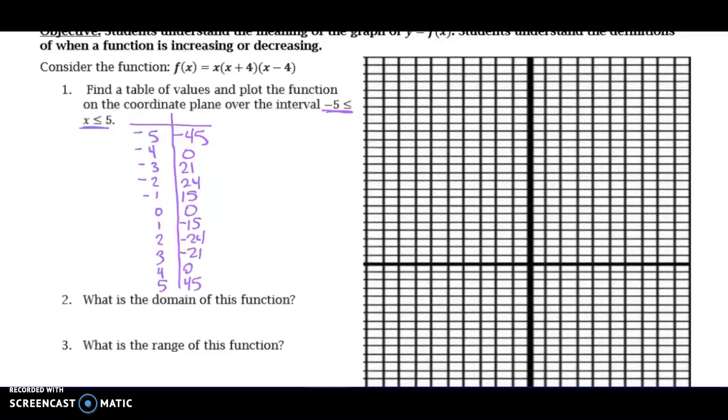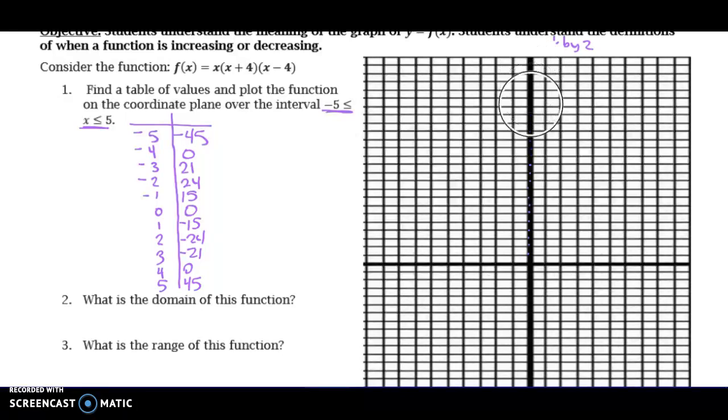Now we have to decide how we're going to count in order to graph this. I've got to make it to -45 and 45 on my y-axis, counting my spaces. There's 25 spaces, so I could count by 2 so that we're not all squished together.